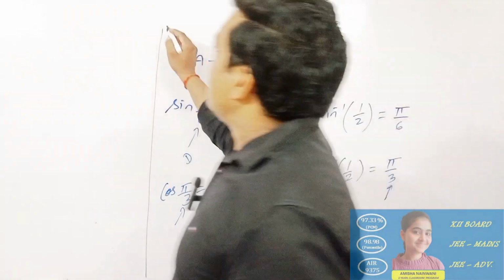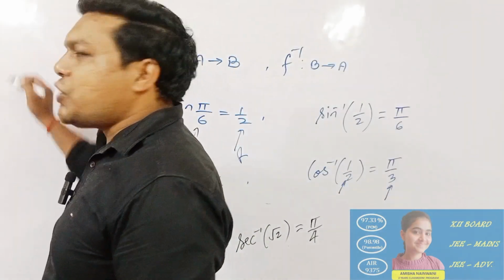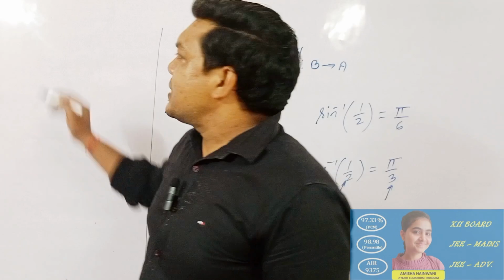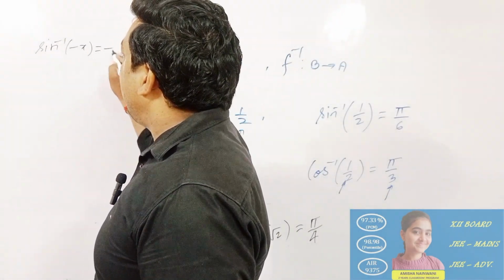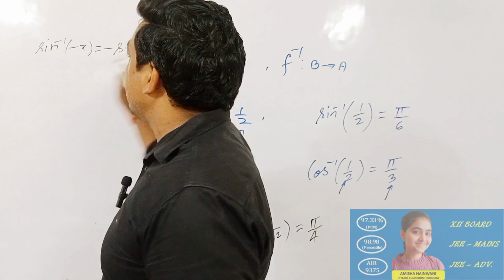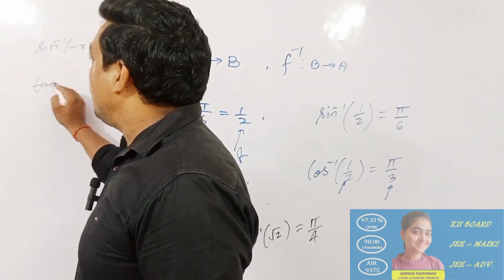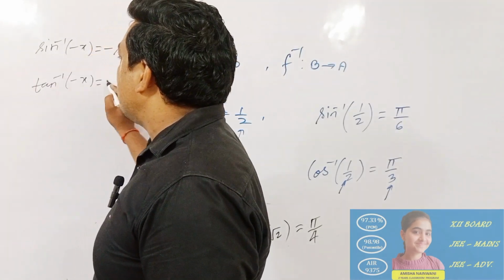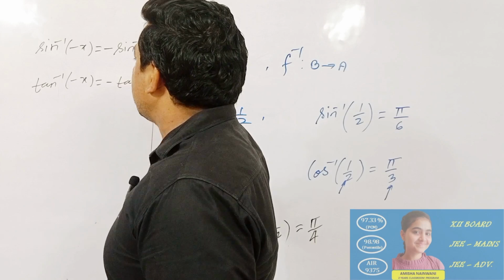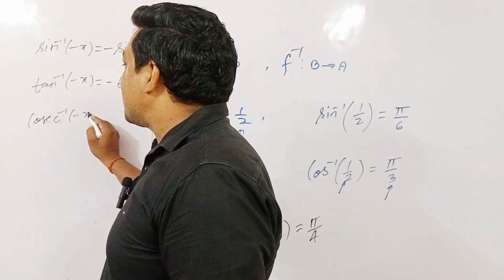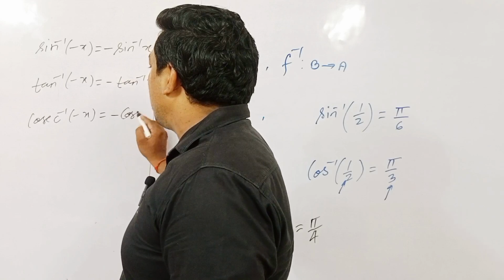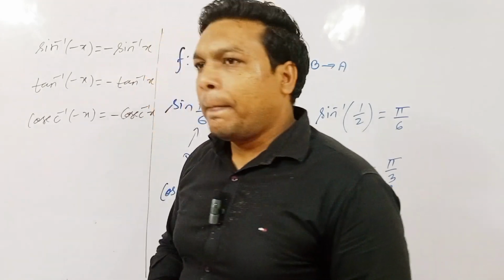Next, for inverse functions, some rules are there. What are the rules? Sine inverse of minus x is minus of sine inverse x. Tan inverse of minus x is minus of tan inverse x, and cosec inverse of minus x is minus of cosec inverse x.